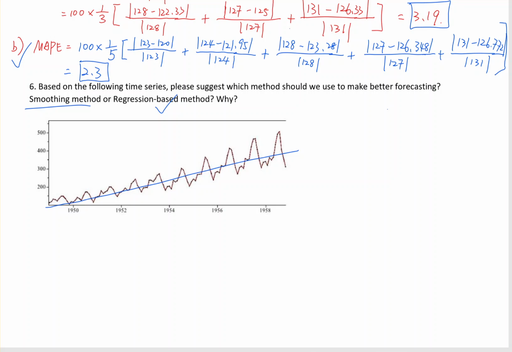But if a time series has a trend component, then we can always get the regression of it, just use the year as the time, the response variable as the y, and fit the regression. So if a trend component is shown in the time series, then we will use the regression-based method.